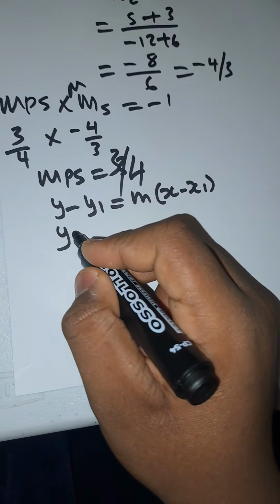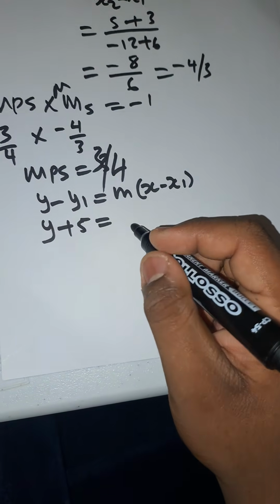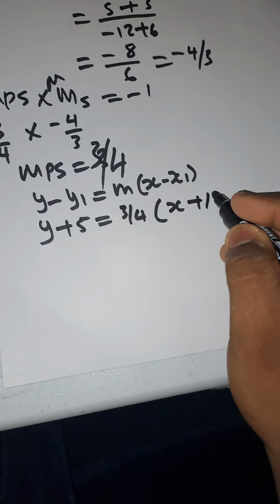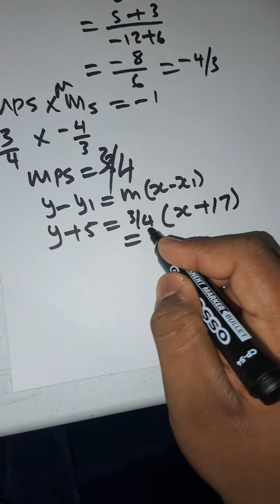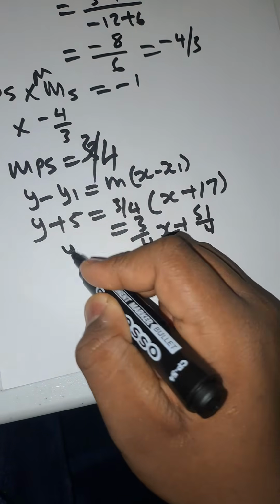So it will be y plus 5, my value being minus 5. Minus and a minus gives a positive, so x plus 17 at the same time. Then I have 3 over 4 x plus 51 over 4.